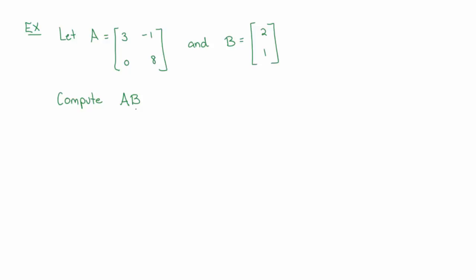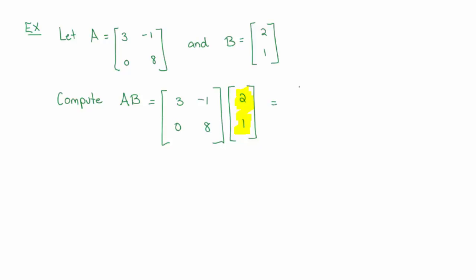So the way you can visualize the multiplication, I'm going to rewrite 3, -1, 0, and 8, and we're multiplying it against a column matrix, 2, 1. If you can imagine that column matrix being lifted, turned on its side, and superimposed on the square matrix.